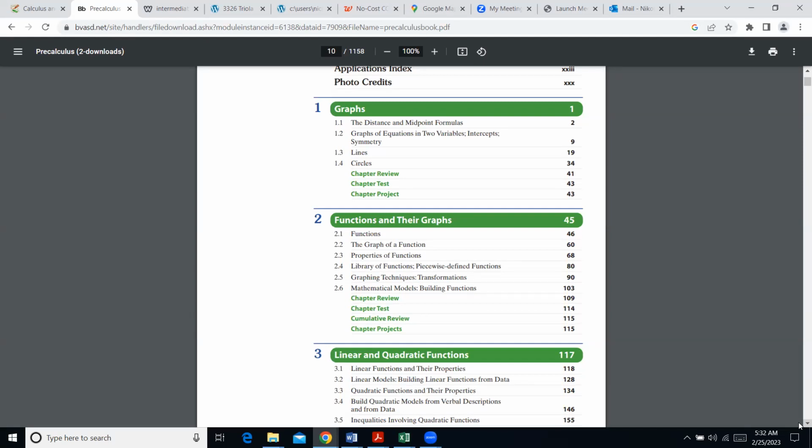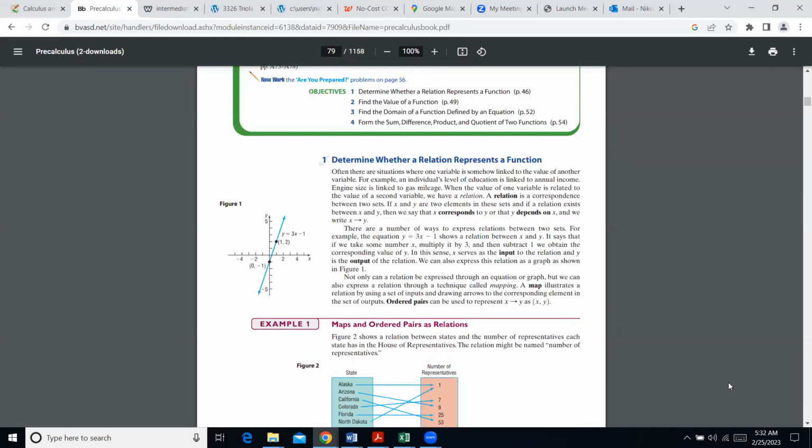So anyways, we looked at only one section last time, section 2.1, introduction to the functions. In order to get there with this textbook, you just need to click on section 2.1. I guess it's a pretty convenient textbook.